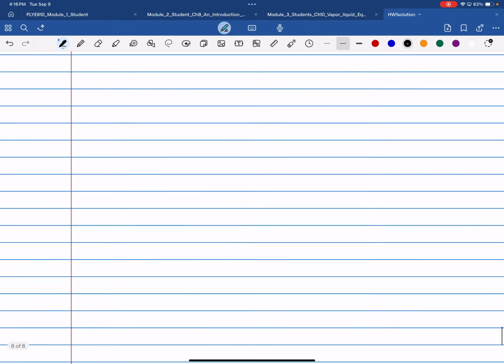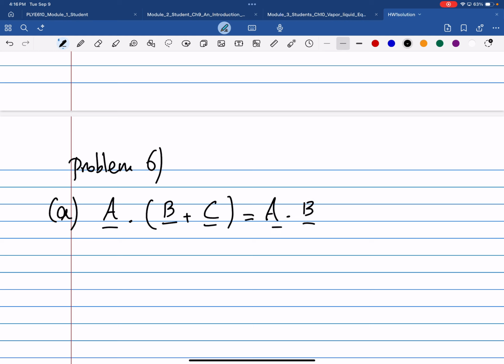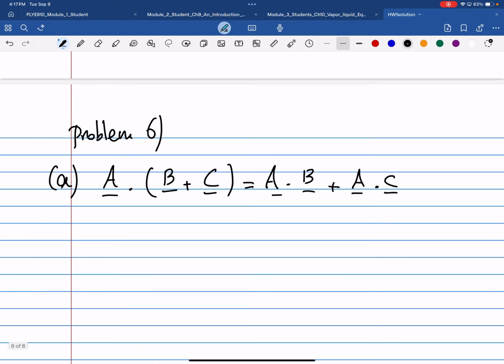Okay, in problem 6, what I'm asking is to do some calculation or identity proof. So A dot B, very straightforward, right? How did you do this one? Defining the vectors, right?